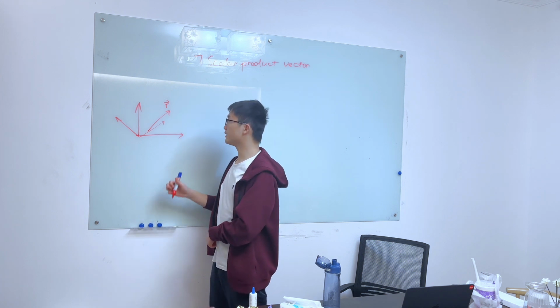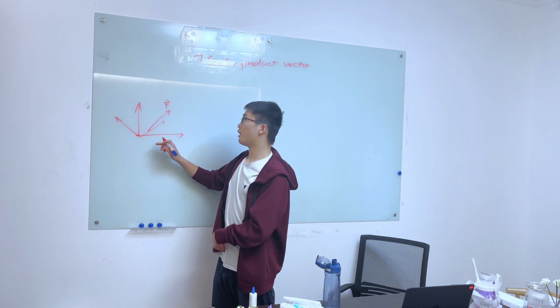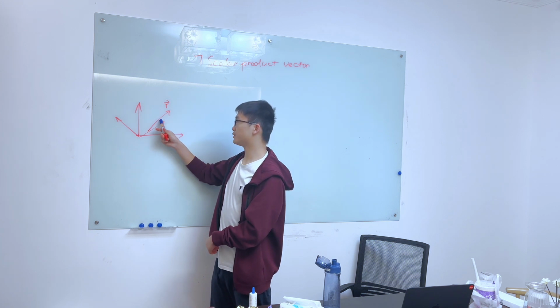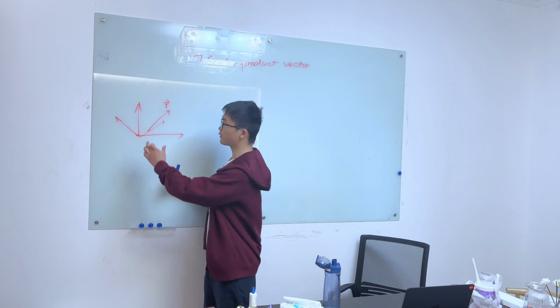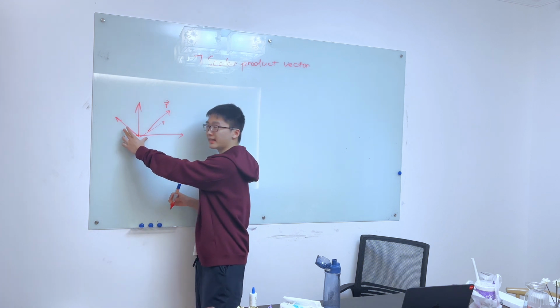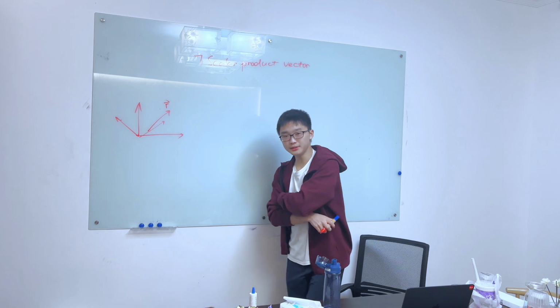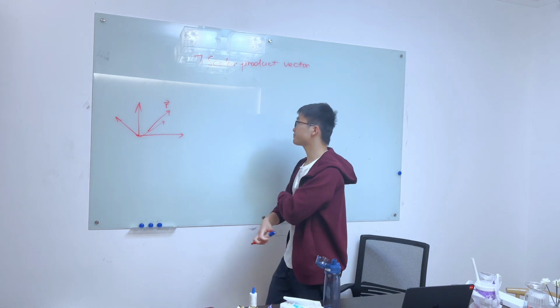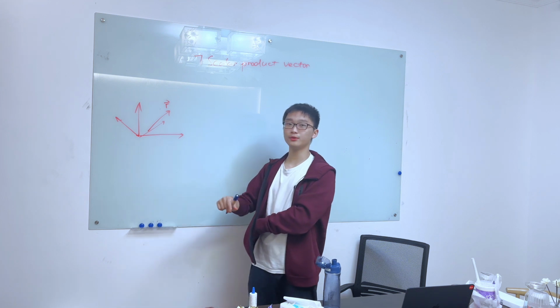Well, you'll know that in this coordinate system, the direction of how people will notate this vector is different from the direction of how the people in this coordinate system will notate this vector. So there is a change in the direction of how people view this.